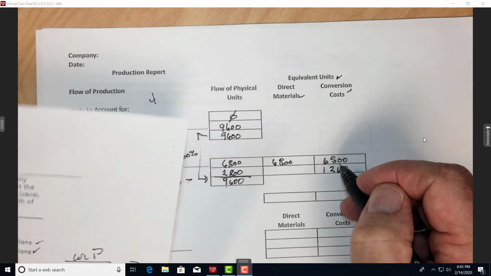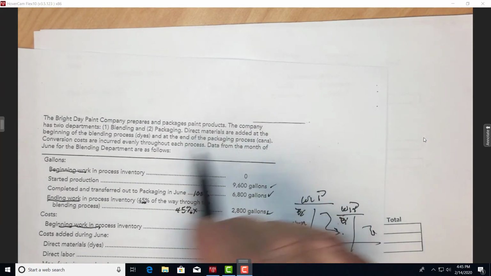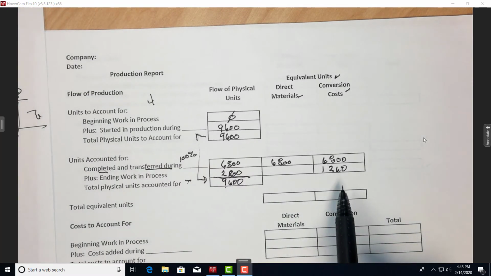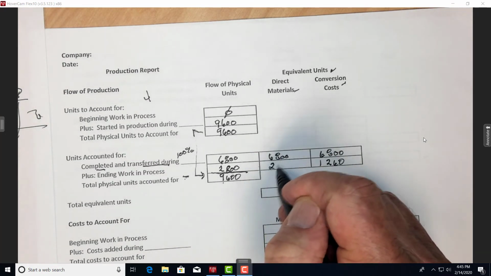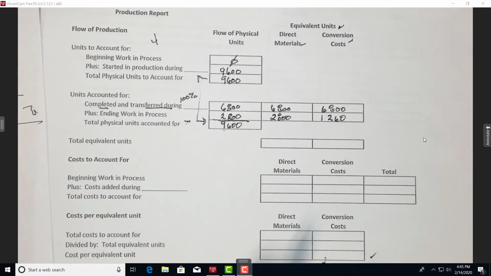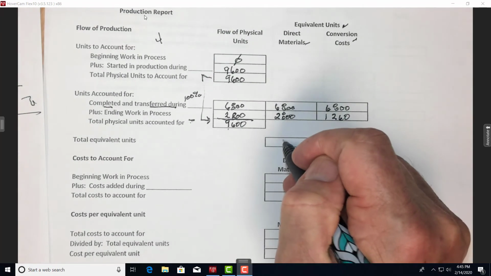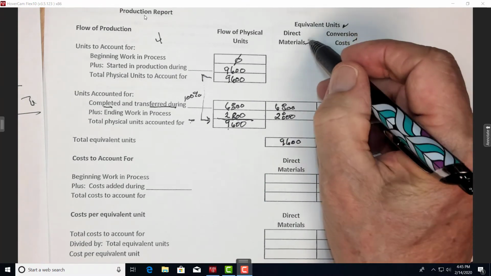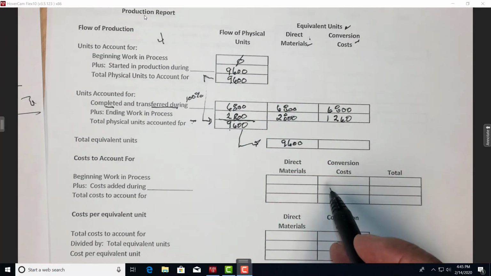And for the direct materials, it tells you that they are added at the beginning of the blending process. So this means it has already been added here, 2,800, right? And we then have the total of 9,600 when it comes to the physical direct materials.